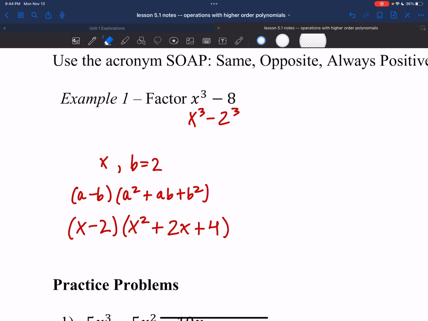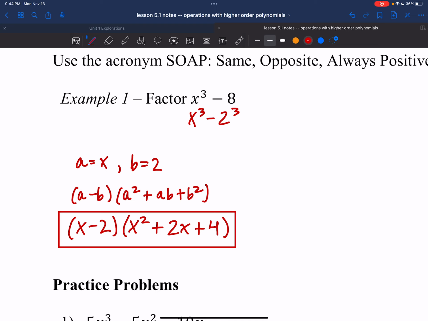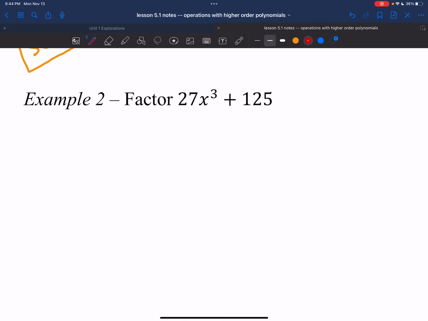Okay? And that's my identity. It's pretty easy to use as long as you can remember it. It's also very, very easy to recognize because perfect cubes, I'm not going to be throwing 14 cubed at you. So, there's only so many you have to memorize.